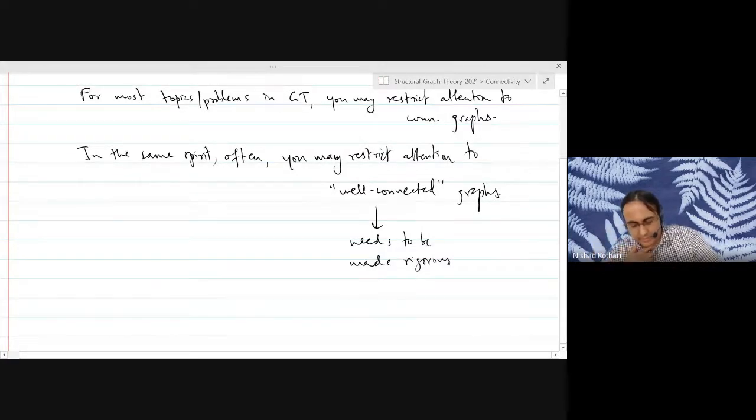Okay, so what happens in many areas of graph theory, one area is planarity, which is module 3 that we will be studying after this one. So if you want to understand planar graphs or non-planar graphs, whatever that means, in case you don't know the definition, that's fine. What you can do is, rather than looking at all graphs, you can consider graphs that are well connected. And if you solve your problem for well connected graphs, then you solve it for all graphs in the world. So the same phenomenon.